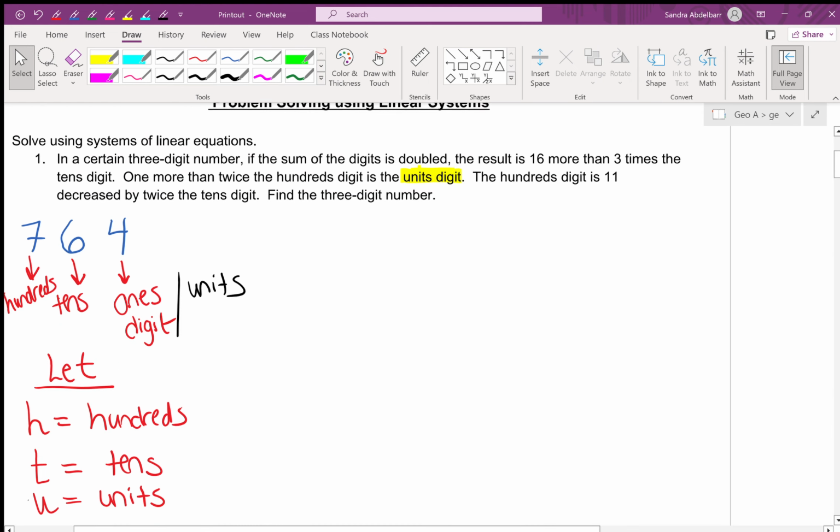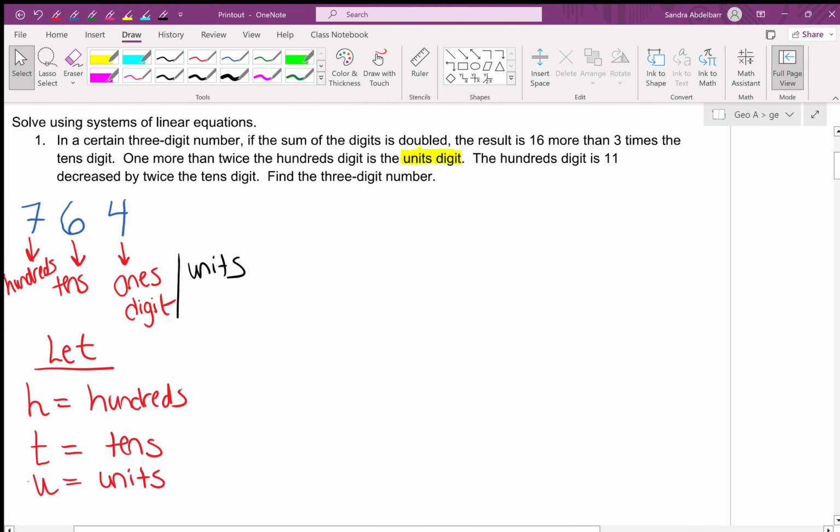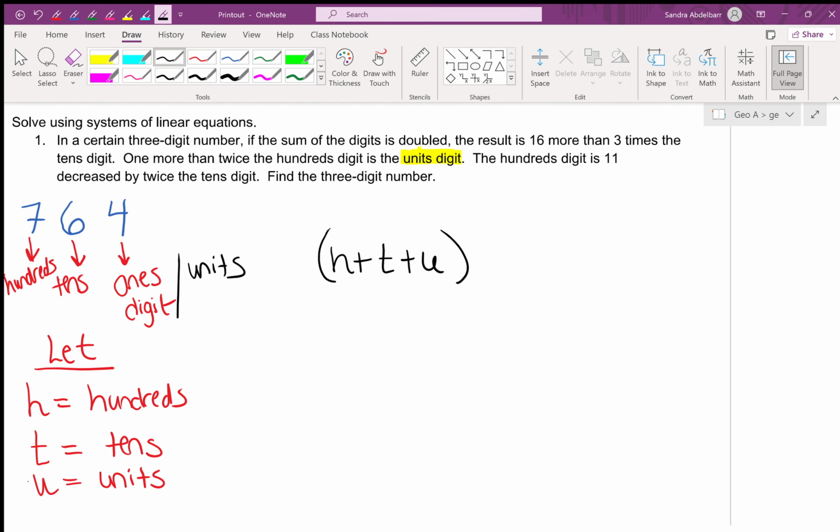So here it says a certain 3-digit number, if the sum of the digits is doubled. All right, so let's translate exactly. The sum of the digits, what am I doing? Adding them. H plus T plus U. But then what are we doing with that sum? Multiplying it by 2, because it says the sum of the digits is doubled. So we're going to multiply that by 2.